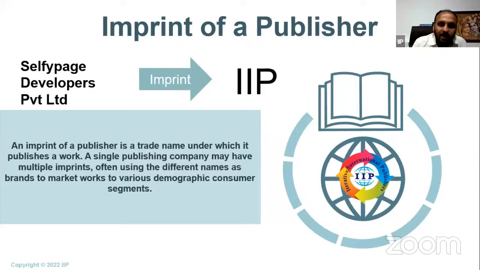A company can have an imprint, like, see, Van Heusen is from the Aditya Birla Group. Like that, our company is Selfie-Paid Developers Private Limited. For all the publication branding, we use the imprint IAP. This is the concept of imprint. This is very important that you should know in the publication field. It is a trade name given by the publisher.